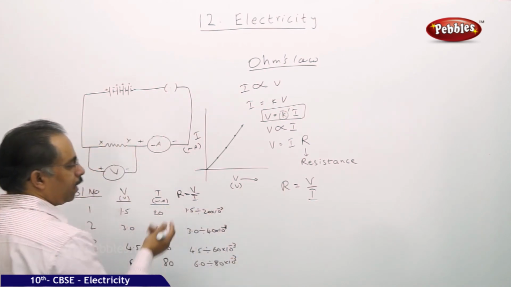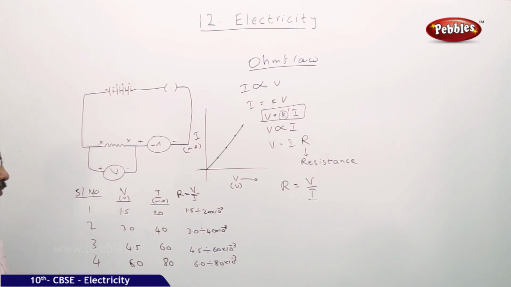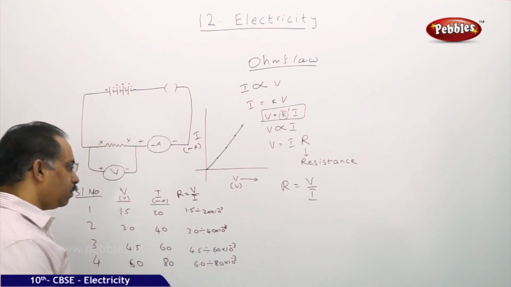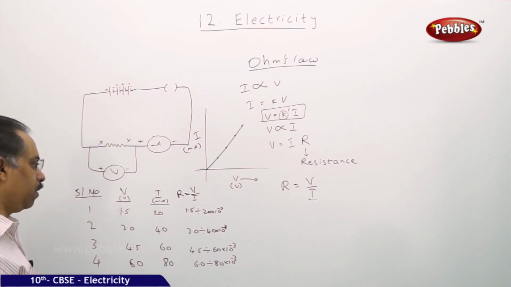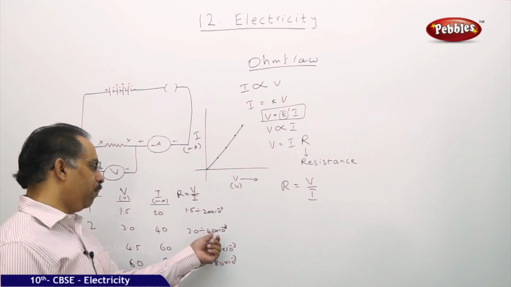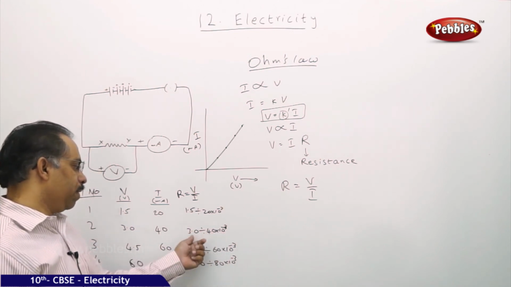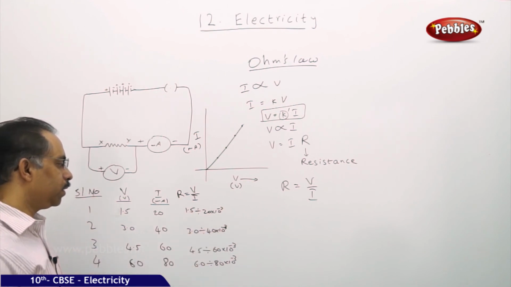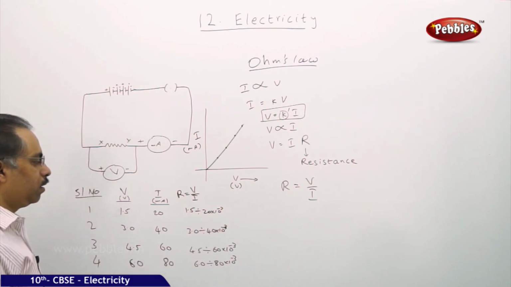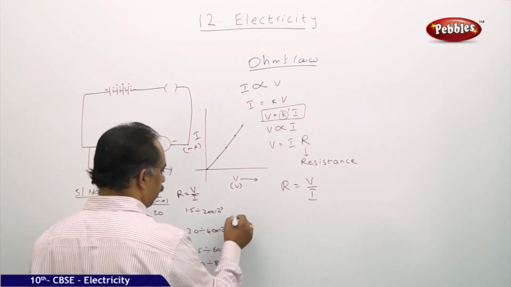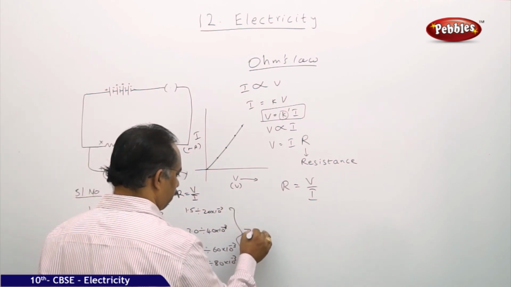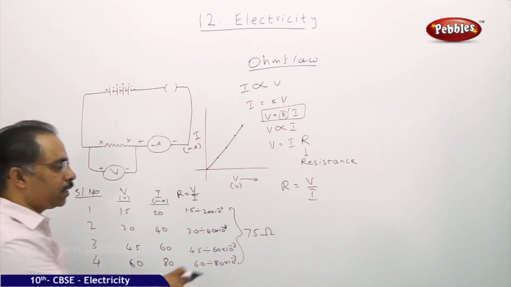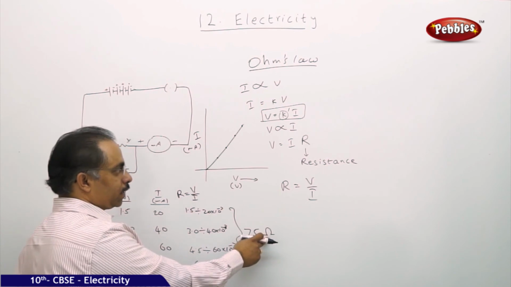In all these cases, I will have a constant value, 3 by 4, which is 0.75 into 10 power 2. So it is 75. Approximately I will get this value as 75 ohm. This is the symbol for its unit.